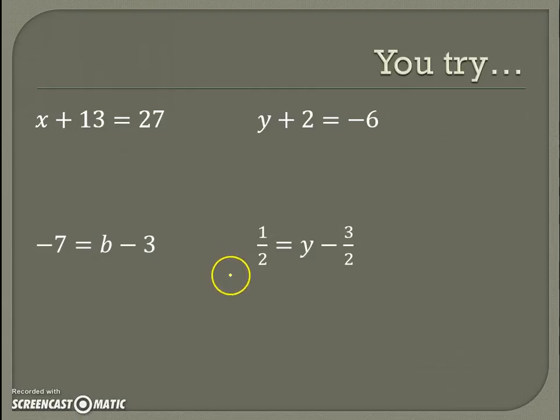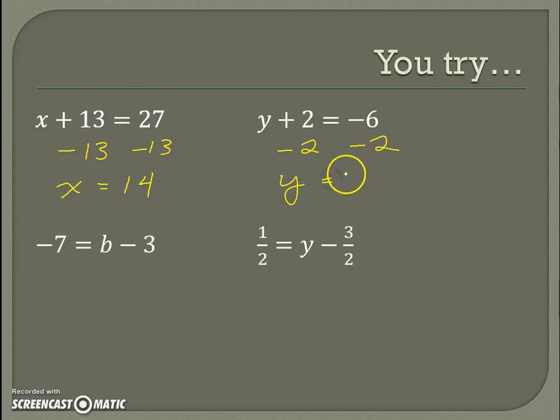All right, go ahead and try these problems very quickly using inverse operations. And when you're finished, unpause and take a look. So when I do these kinds of problems, I like to write them out like this. I work vertically. I know some of your teachers in the past may have had you look at these horizontally. I like to work through them vertically. So here I'll undo that by subtracting a 2.